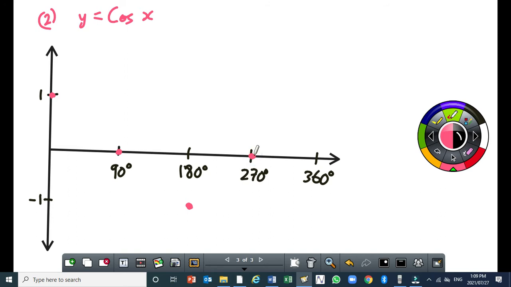Cos 360 degrees gives me 1. Then, when I sketch it, remember when you're sketching freehand, you have to practice how to sketch the graph.